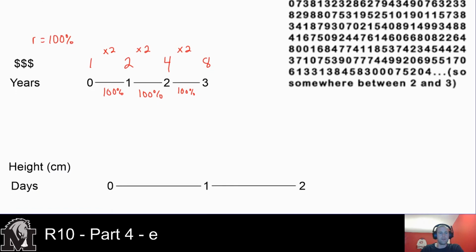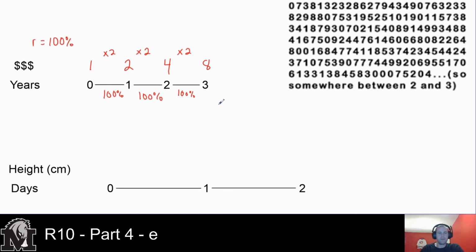Now, in banking, sometimes you will get your interest just added right at the end of the compounding period. But our growth doesn't always happen in discrete increments. You're not all of a sudden, bang, at the $2 mark or at the $4 mark.